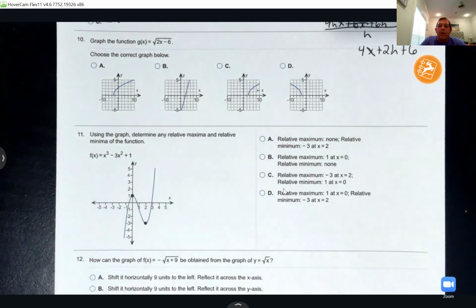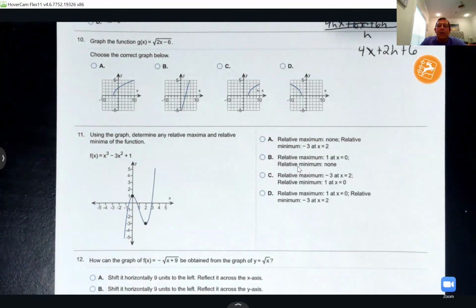So far, I got B and D are the only choices I can make based on the maximum. Both of them have a maximum of 1 at x equals 0. So it's either going to be B or D. So I look at my minimum here. My minimum looks like a -3, and that's happening at the x value of 2.